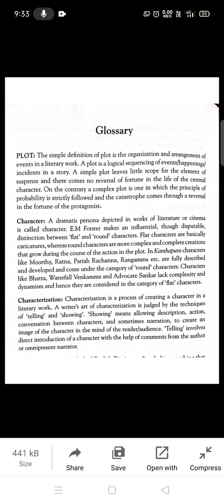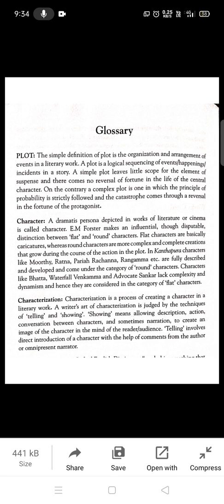Showing we can especially find in plays or dramas, where we learn about the character through the dialogues, the action or the interaction of different characters. So these are the ways of portraying or developing a character in any piece of literature.